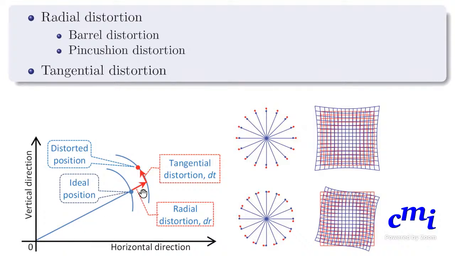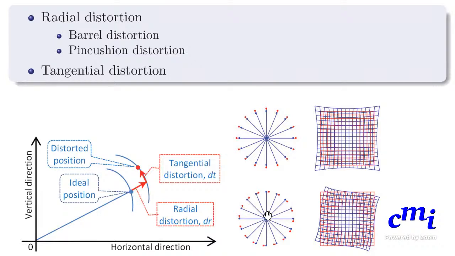Tangential distortion occurs in the direction tangential to this ray. If your ideal position is here and this is the radial direction, your tangential distortion will be perpendicular to that, in this direction or in the other direction.